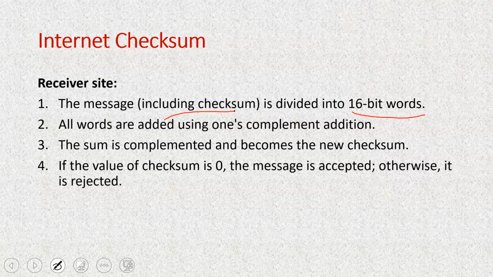If you get an extra bit, you perform wrapped sum and convert it into ones complement. Whatever answer you get will be the checksum at the receiver. If the checksum is 0, accept the message, otherwise reject the message.